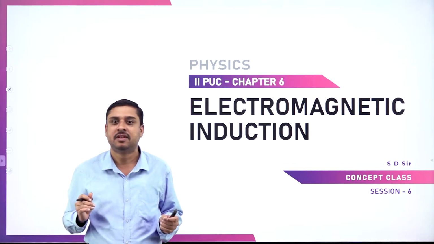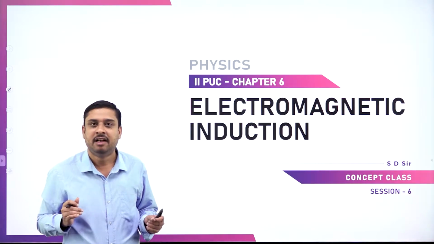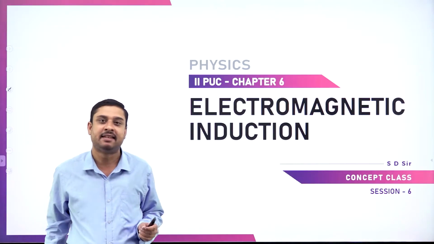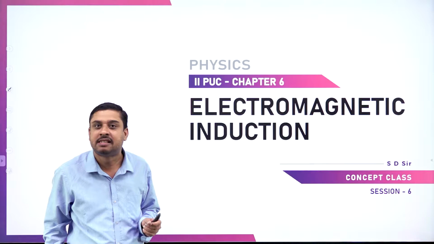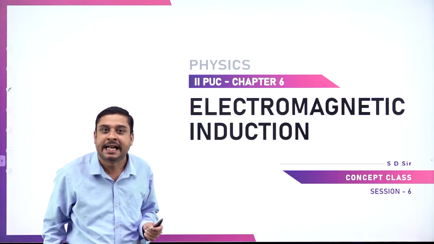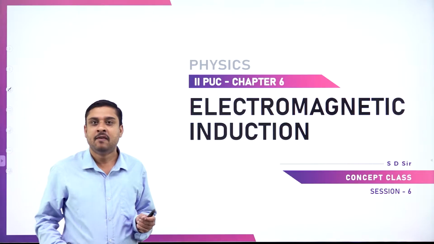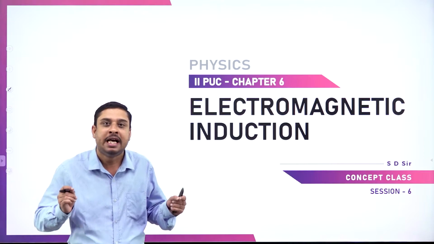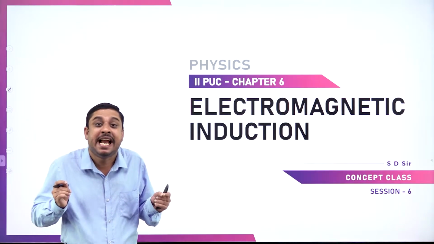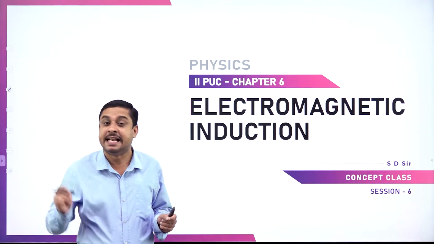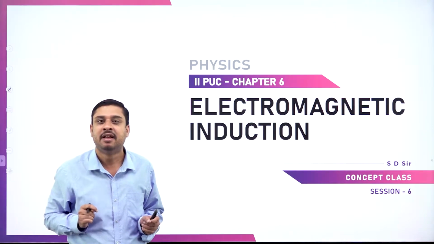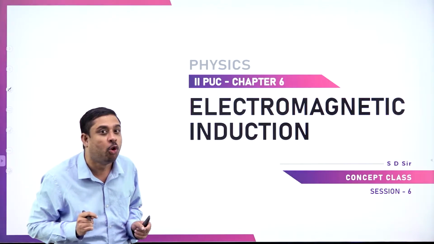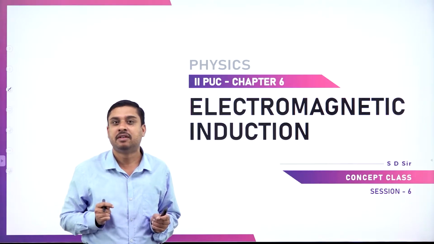Now, before I creep into the discussion on AC generator, what did we do in our previous class? We studied a very beautiful phenomenon called mutual induction, where we tried to understand how EMF is induced in a secondary coil by changing the current flowing through the primary coil.